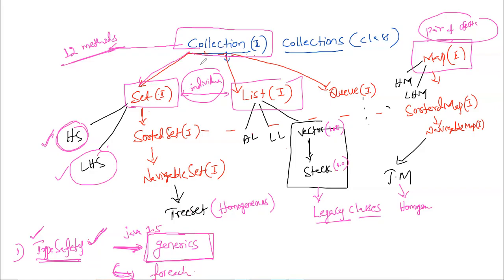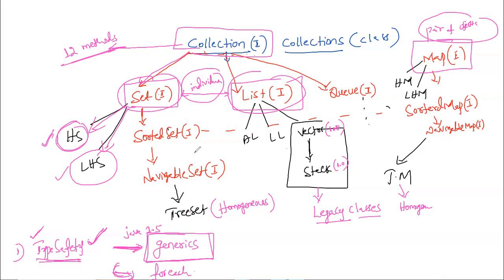What does a framework generally mean? A group of predefined interfaces, implemented classes, corresponding methods, and also some predefined algorithms like search, swap, sort, and so on. In a framework, we have interfaces and the corresponding implemented classes, followed by predefined methods and algorithms.